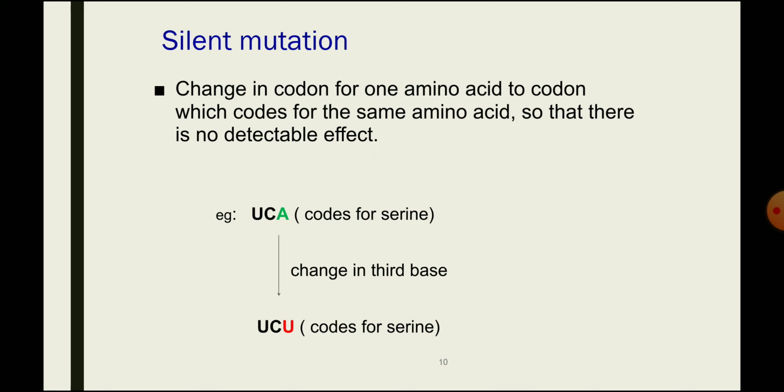So adenine mutated to uracil, a change in the third base, has no effect. UCA mutated to UCU, the third base is mutated, and both code for serine. So there is no effect, and that is silent mutation.